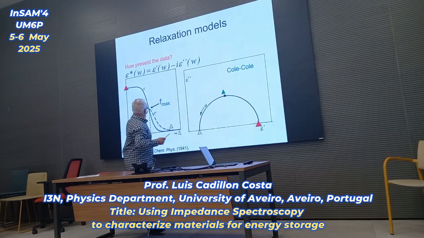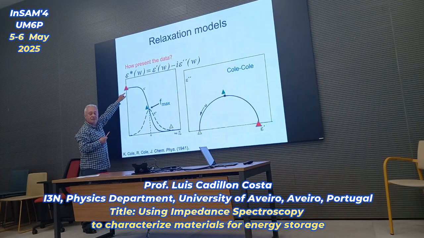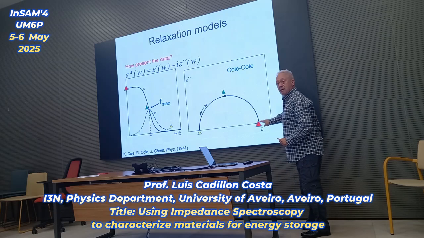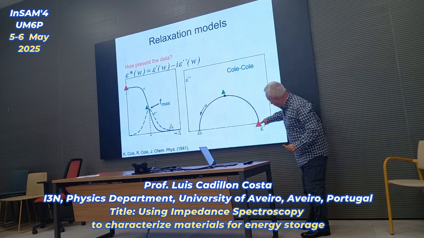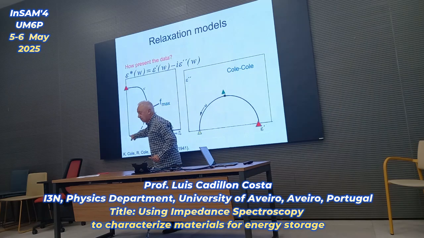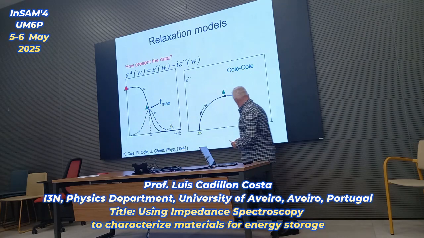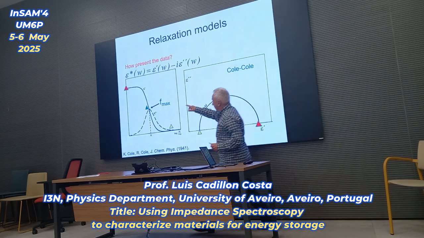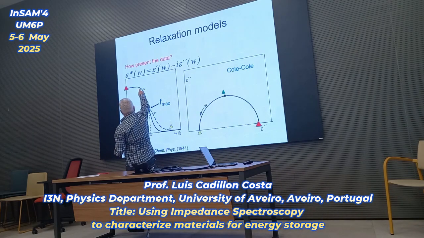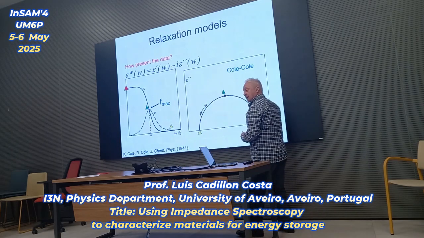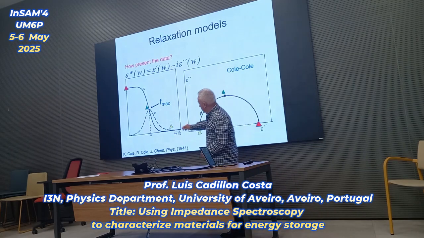So this red one is low frequency. Epsilon prime is very high, it is this point here, and epsilon double prime is 0. Then we increase the frequency, epsilon double prime starts increasing, and epsilon prime decreases.